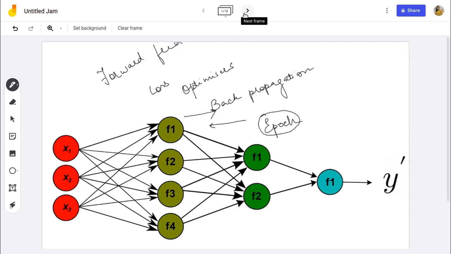Okay, so now let us discuss the different activation functions. Just a small recap, what exactly was an activation function?